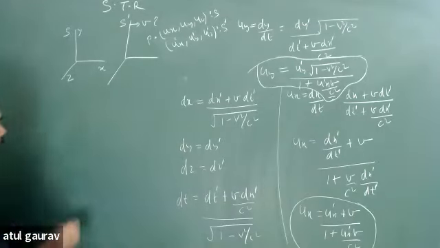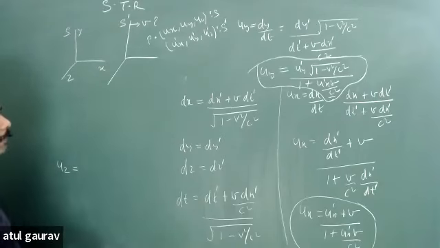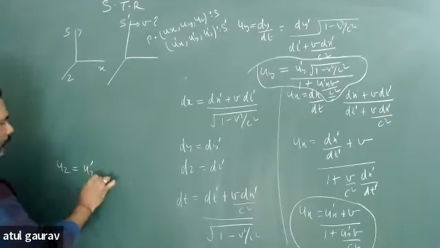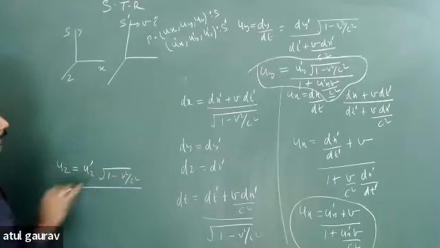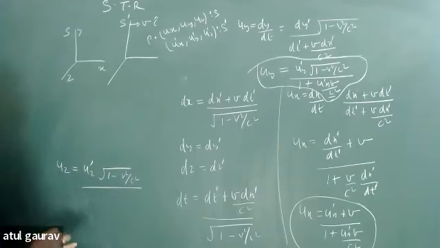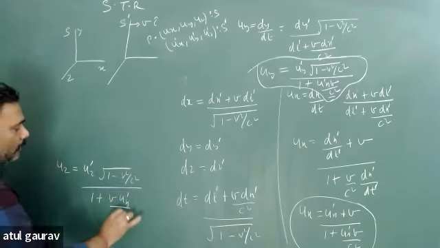Can anybody tell me? uz is uz dash root under 1 minus v square upon c square, over 1 plus v ux dash upon c square. Very good.